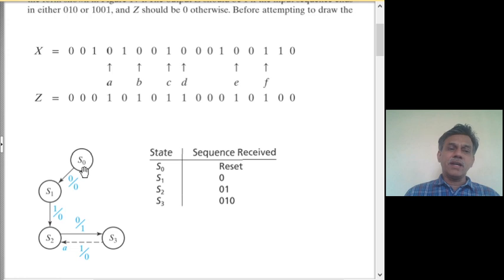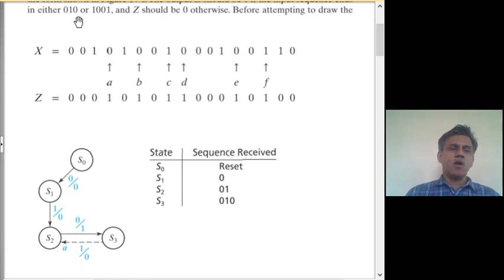Let's start with a state S0, which we will call a reset state, or a state where no pattern has occurred, or maybe the first bit of the bit sequence that we are looking at. So we will take a case where the pattern that we are looking for, 0 1 0, occurs, which means we are so lucky that to begin with the first 3 bits are the ones we are looking for.